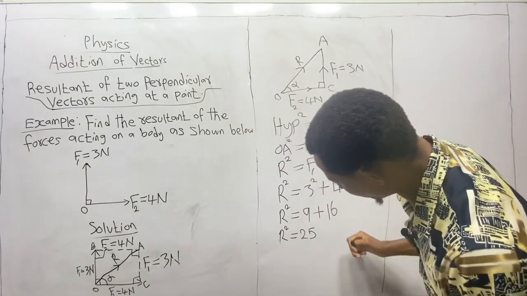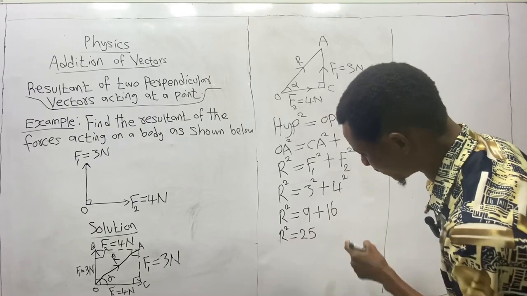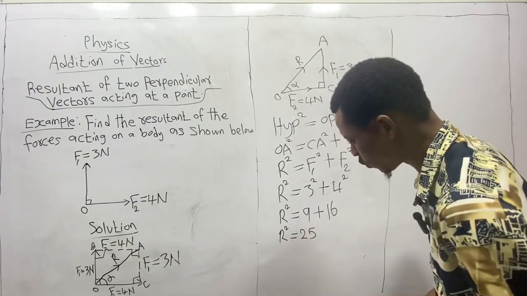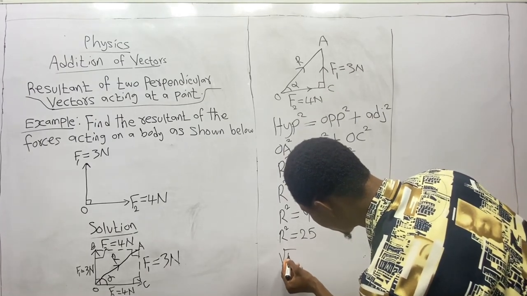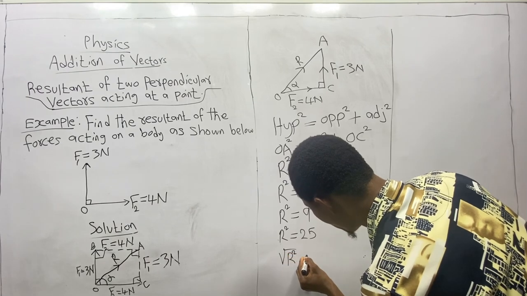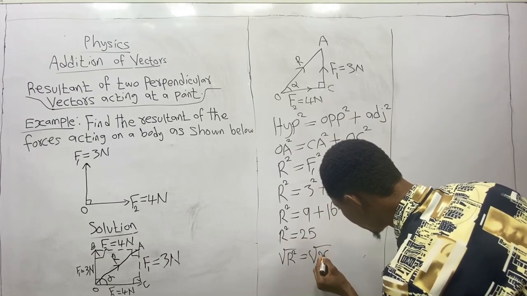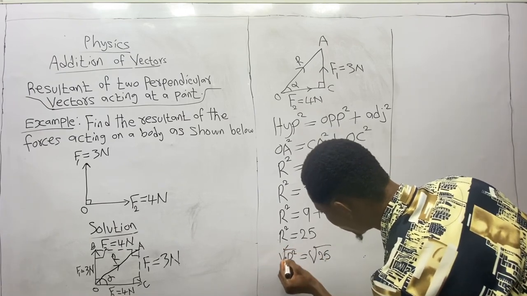Therefore, for us to find arrow, we have to take the square roots of both sides, because what we are looking for is arrow and not arrow squared. So taking the square root of both sides, we have square root arrow squared equals to square root 25. Square root, we cancel square.